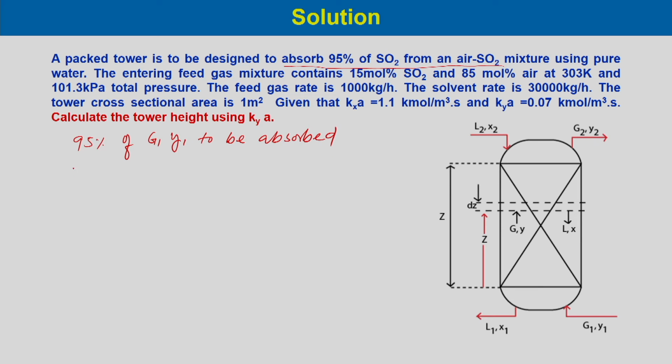SO2 absorbed would be equal to 4.38 into 0.95, which is about 4.16 kmol per hour.